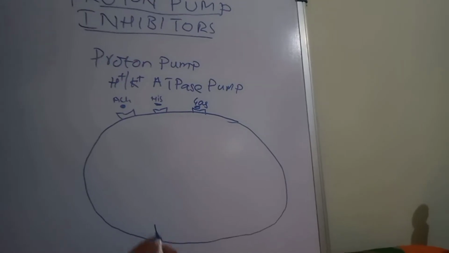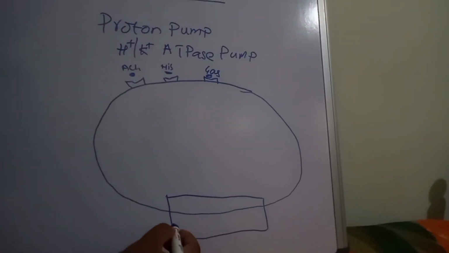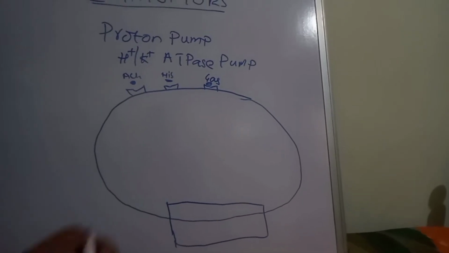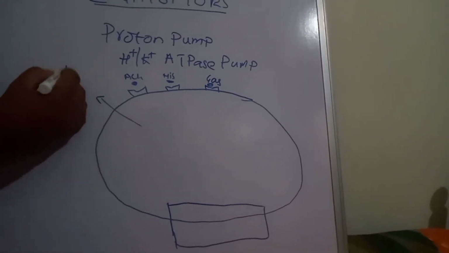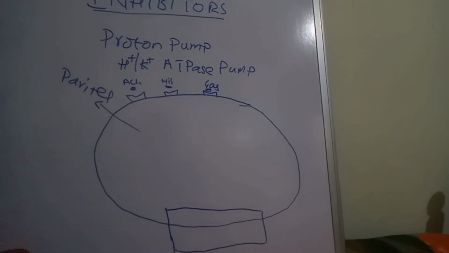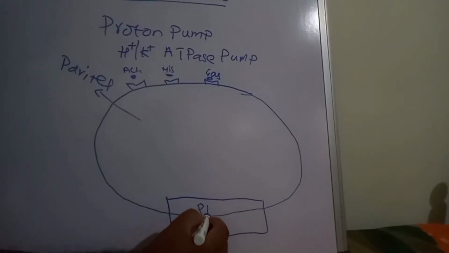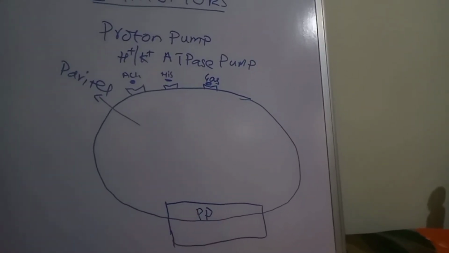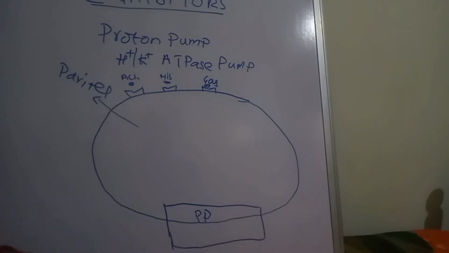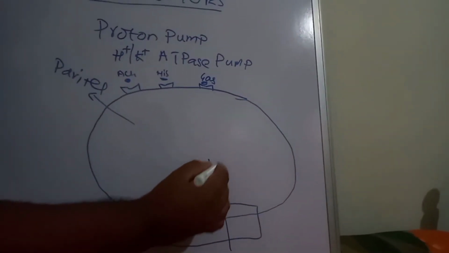Here on the membrane, it is an integral membrane protein in the parietal cells. This is the parietal cell, present in the stomach. So what happens? There is a proton pump, PP we call it. This proton pump will pump the protons or H plus ions.